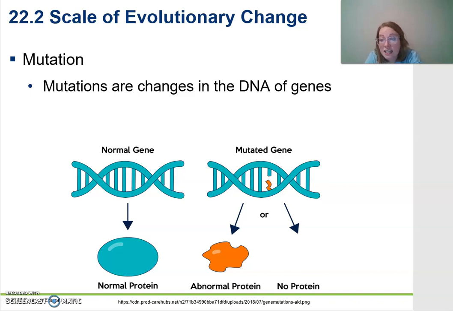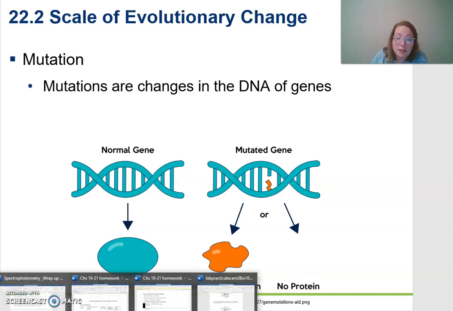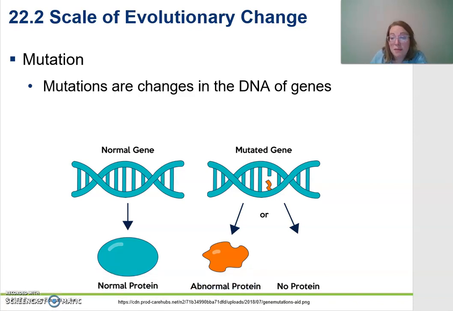That's a change in the DNA sequence of genes. One thing to note here, usually mutations are going to be bad. An abnormal protein is generally not advantageous. Every once in a while, though, it is. But only if that mutation occurs in the gametes where we can pass them on will you see that to be heritable, right?